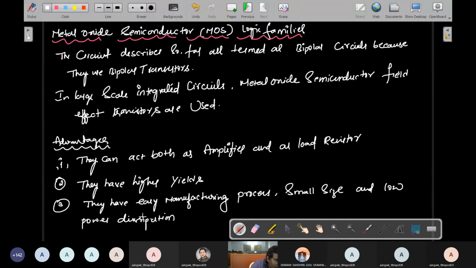So these circuits are very easy to manufacture, very small in size, and have low power consumption.